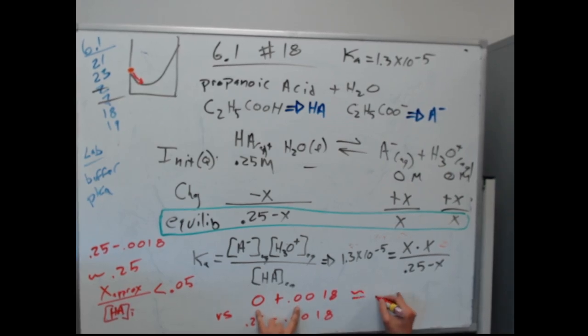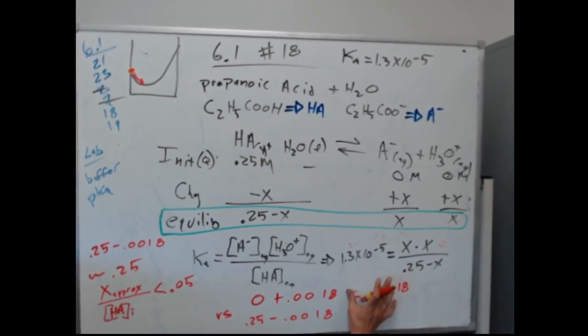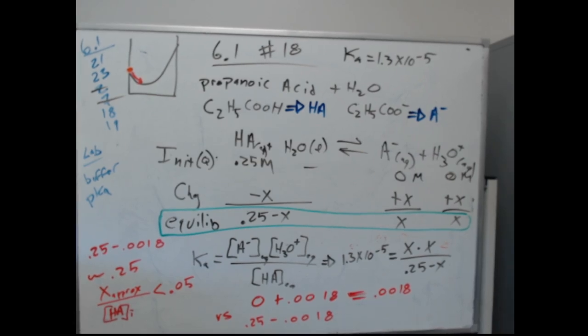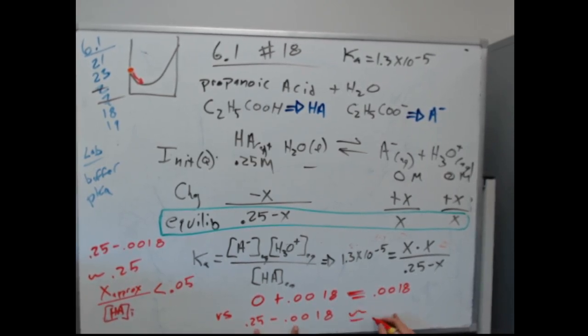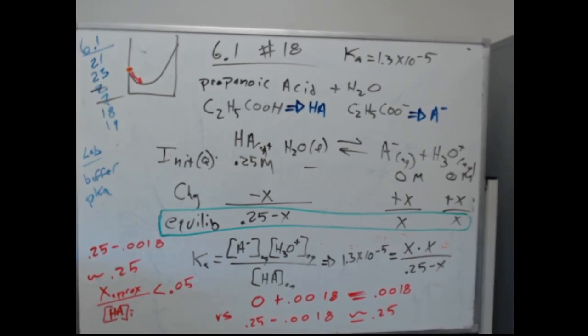So in this case, that's going to be equal to 0.0018, I don't need to do approximate in that case. Okay. Is 0.0018 big or small compared to 0.25? Small. So you're basically being like, this is a larger change when you're looking at what you're changing it from.